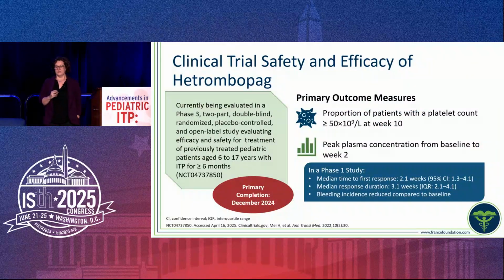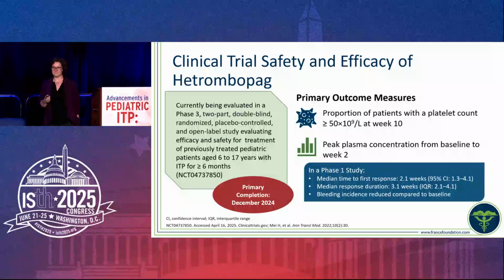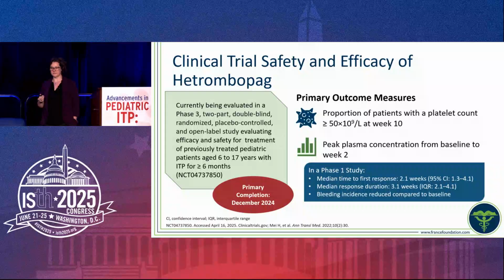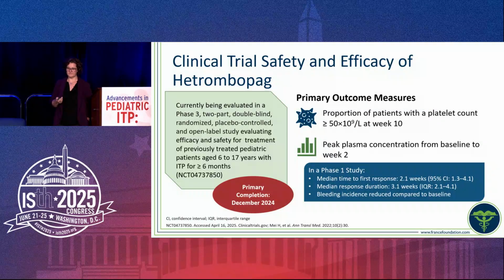So another TPO receptor agonist that's also in clinical trials in pediatric patients is hetrombopag, and this is actually being studied outside of the United States, North America, and Europe. It's being studied primarily in Southeast Asia. It's a phase 3, 2-part double-blind randomized placebo-controlled trial.